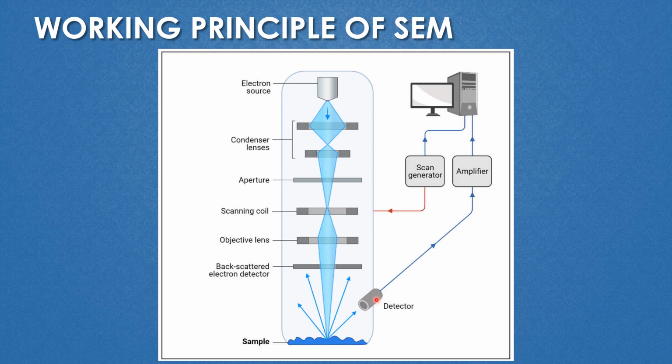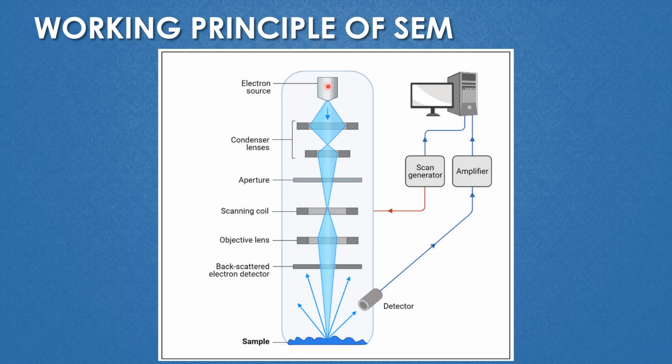From the detector it moves to the amplifier and is used to produce an image on the viewing screen or photographic plate. Here on the PC screen the image will be observed. The image observed on the screen is called a scanning electron micrograph.